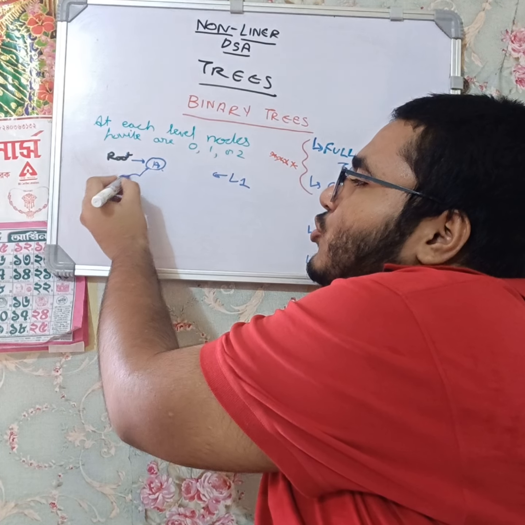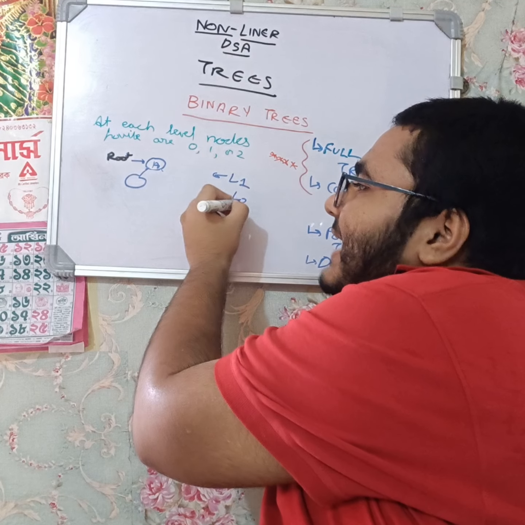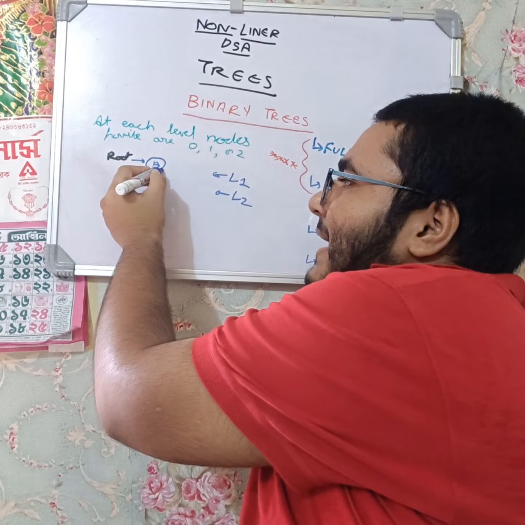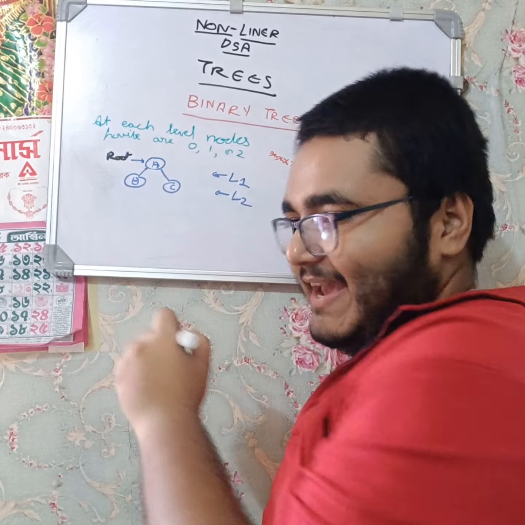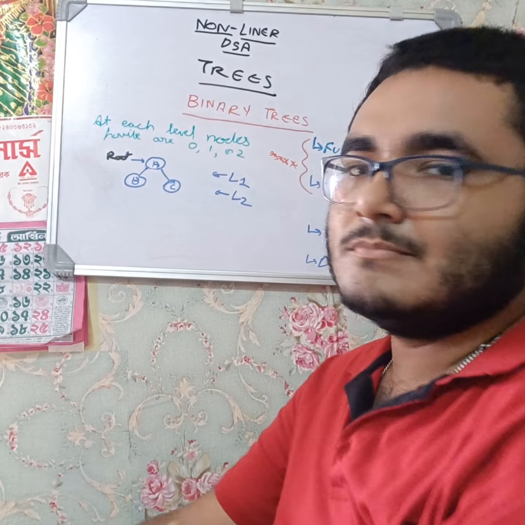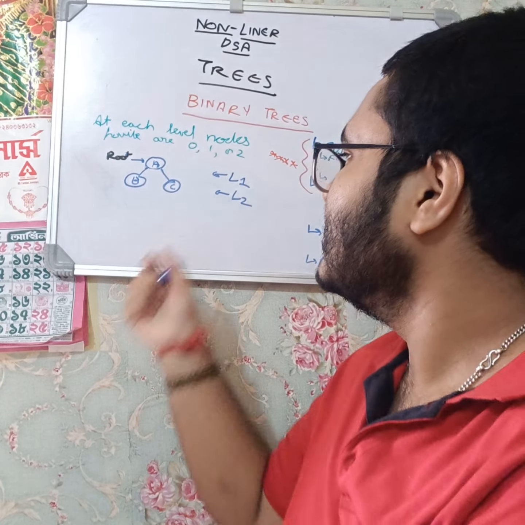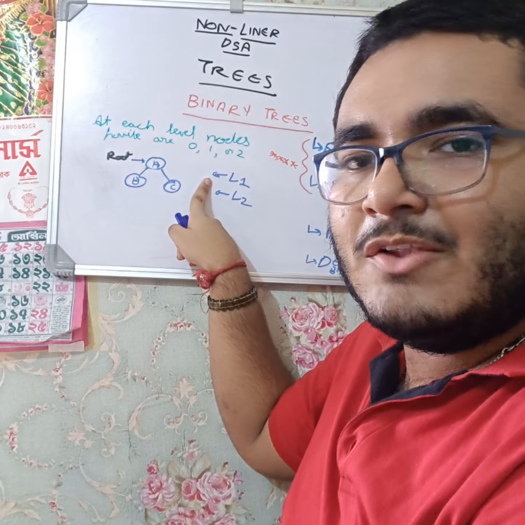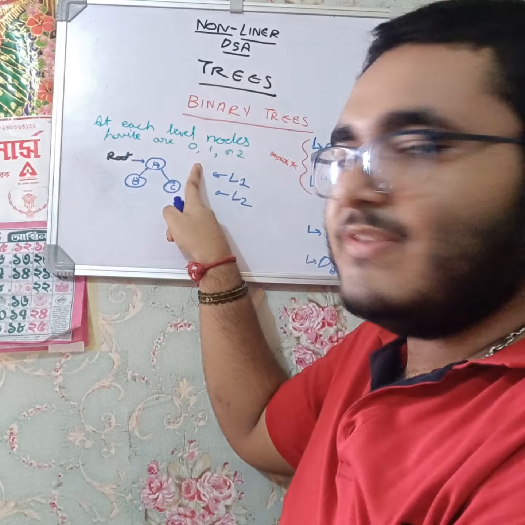At level 2, can I say at max I can have 2 children as per the rule of a binary tree? So at level 1 it is having one node.